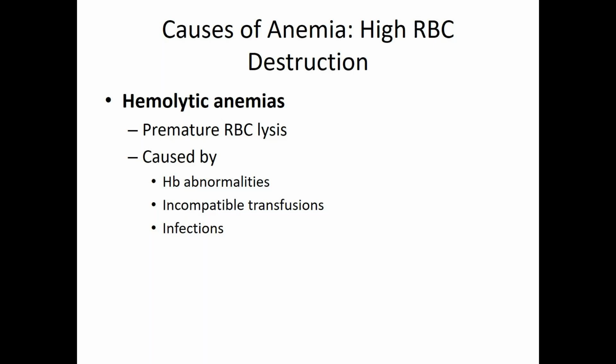Certainly we'll talk about some of those. An incompatible blood transfusion, where you get the wrong sort of blood. Your body does not recognize it as blood, it only recognizes it as foreign cells, and so your own immune system destroys it. Or various infections can also get into play here in terms of lysing red blood cells. So again, lots of potential problems.